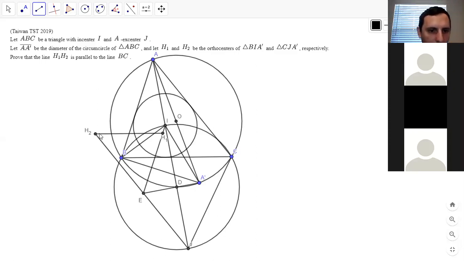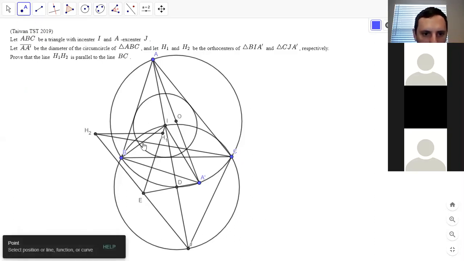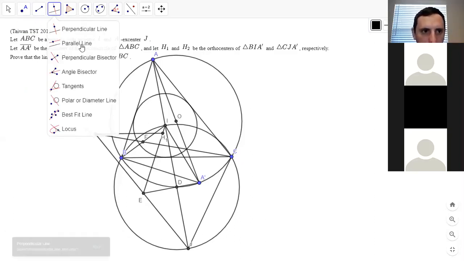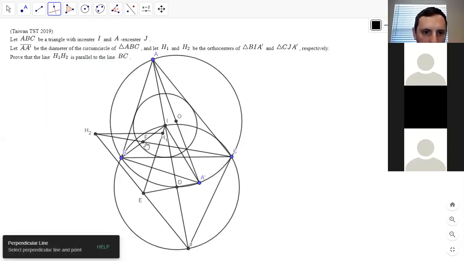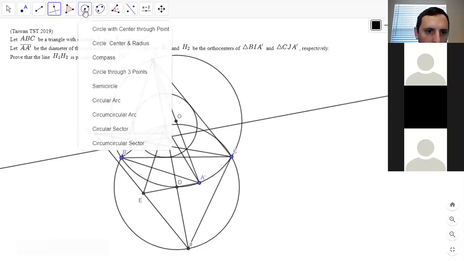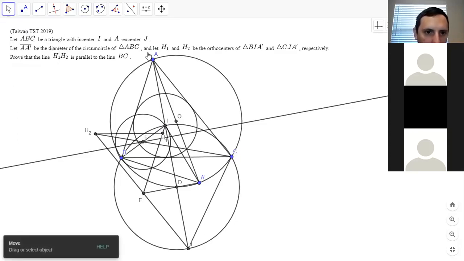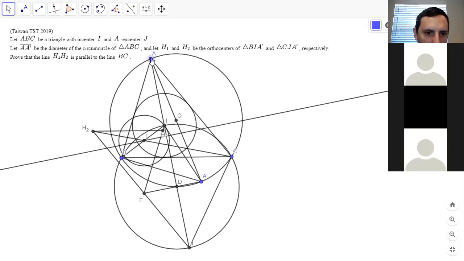Let me try something. So I'm going to take this point and I'm going to drop a perpendicular to AD. I wonder if F is the midpoint of IB. I don't think so, but it almost looks like it in this picture, but I don't think it is once I move stuff.